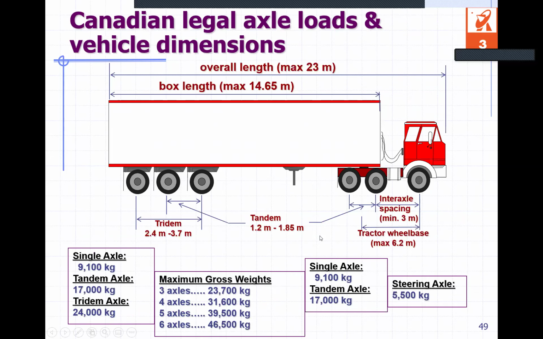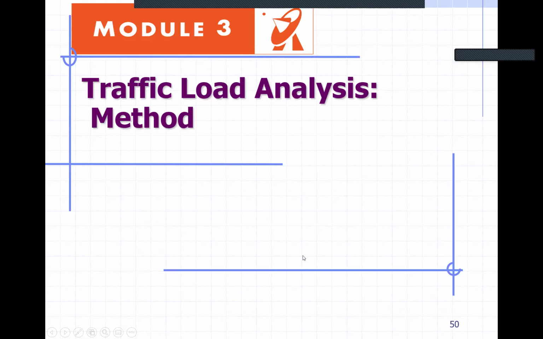Same for the truck. So there are maximum limitations in terms of the weight that you can have on the different axles. So for the single axle it is 9,000 kilos, sorry, 9 tons. For the tandem it is 17 tons. For the tridem it is 24 tons, etc.